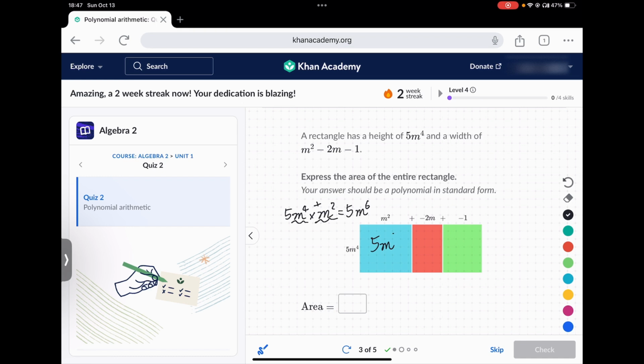That's the blue part. And the second one, negative 2m times 5m to the power of 4. So if you multiply those two coefficients, negative 10, and m to the power of 4 and just m that is to the power of 1, it's going to be m, and add those two exponents up, it's going to be 5. So negative 10m to the power of 5.